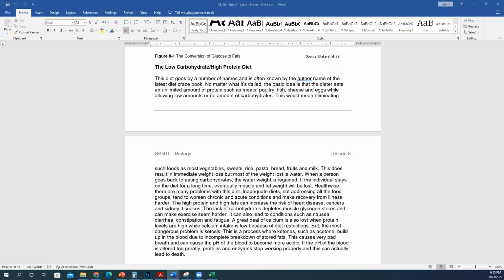But the biggest problem with this type of diet is a dangerous problem that is called ketosis. And during ketosis, you have ketones. If you remember from your chemistry and from some of the chemistry that we covered earlier in our unit 1, ketones, and an example of one is acetone.